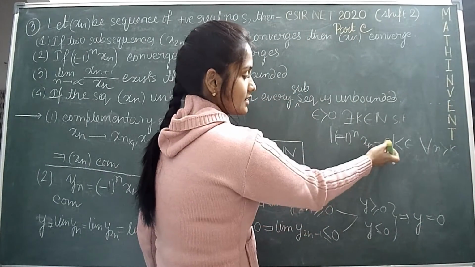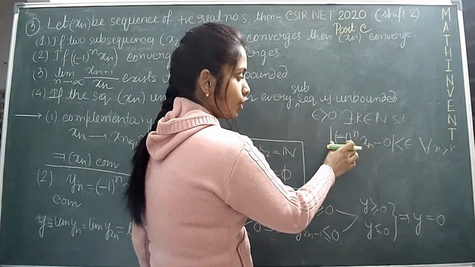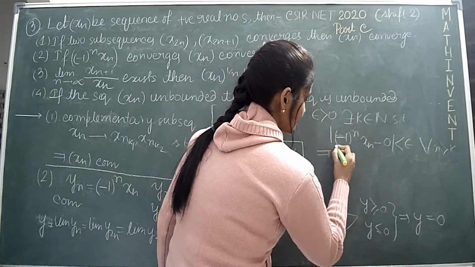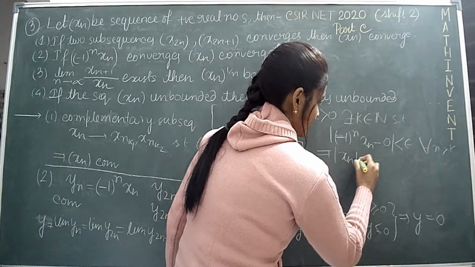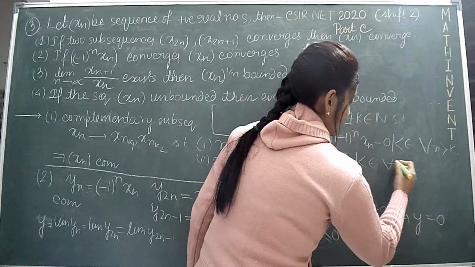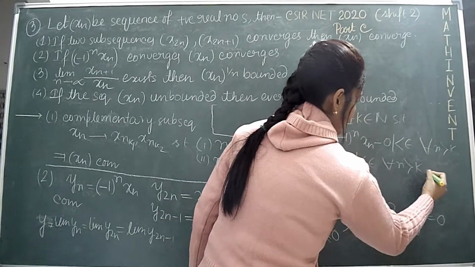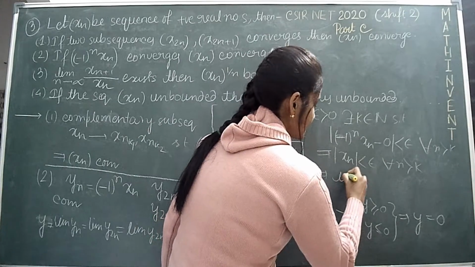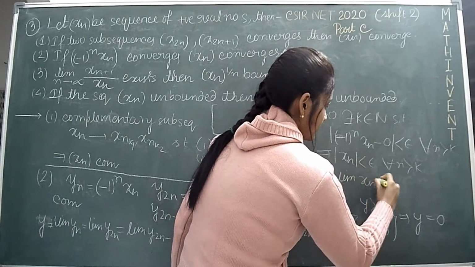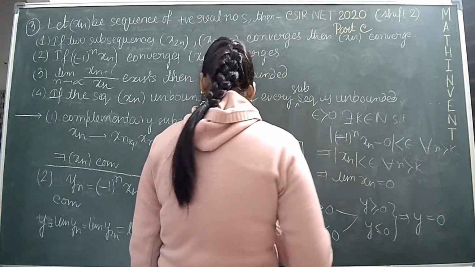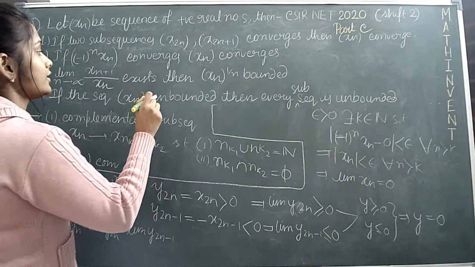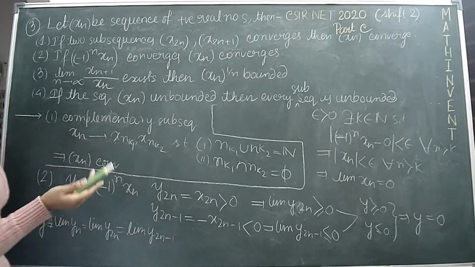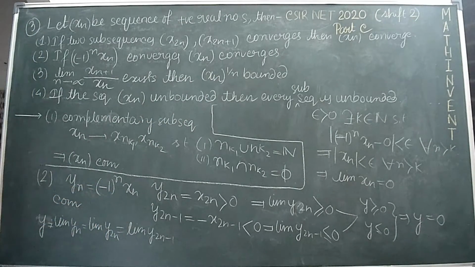So mod of (minus 1) power n xn is less than epsilon. This implies mod xn is less than epsilon for all n greater than k. So xn is convergent and limit xn is also equal to 0. So here we have proved that xn is convergent and we have also found its limit, that is 0.